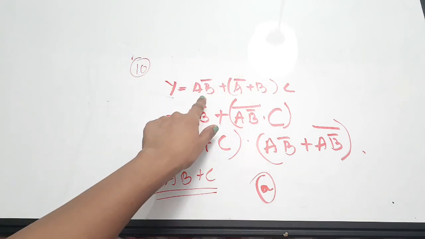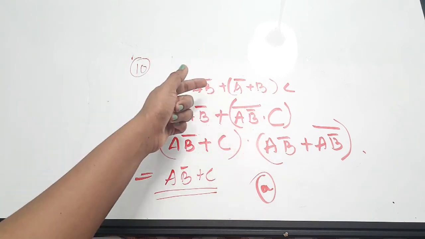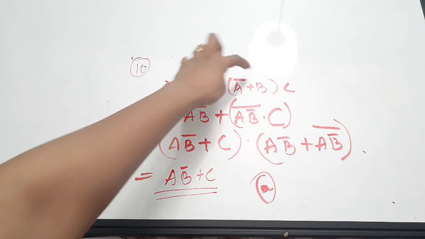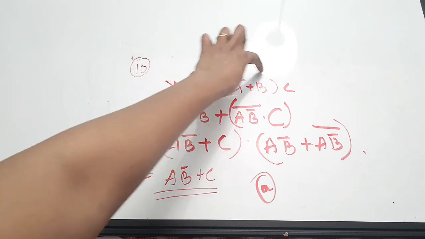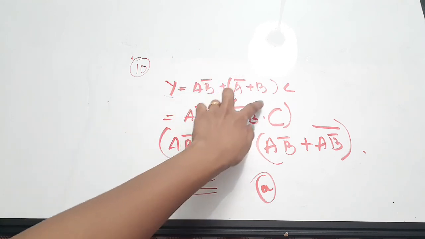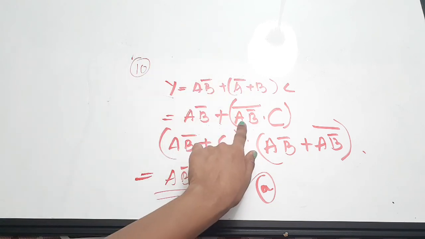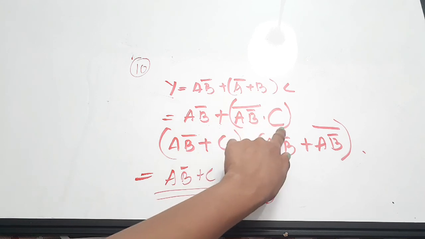So what I've done here is I've applied De Morgan's, and before applying De Morgan's, I've put a double complement. Double complementing makes no effect. So I have just double complemented this bracket term, and I've applied De Morgan's to the term, and one complement sign remains as it is. So the expression you are getting is AB complement the whole complement into C again.